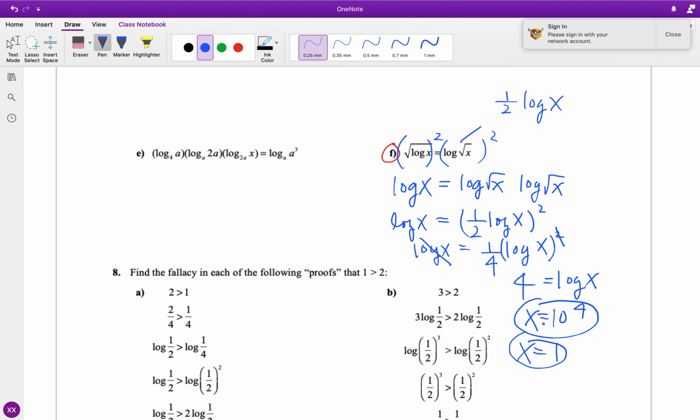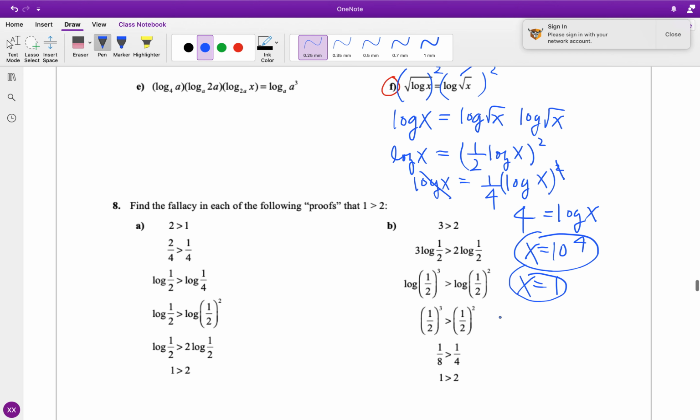Because there is a possibility that log x equals 0. If log x equals 0, then yes, x equals 1. So without thinking about that possibility, I just divided by log x. But if log x equals 0, you cannot divide by log x. That's why I missed this one root.